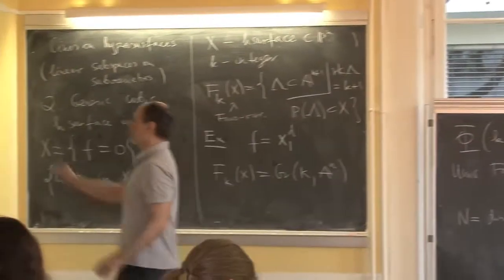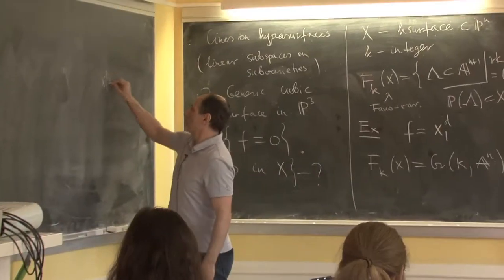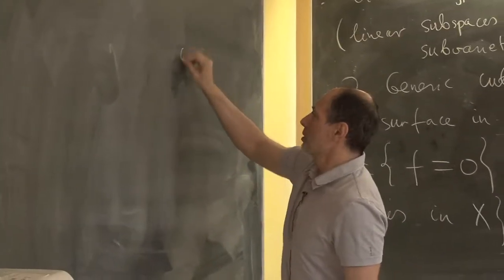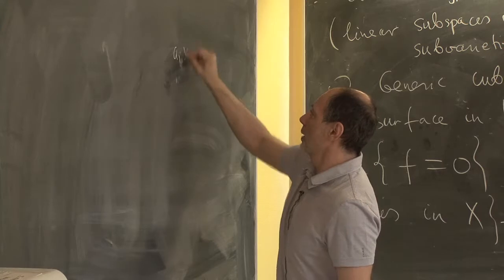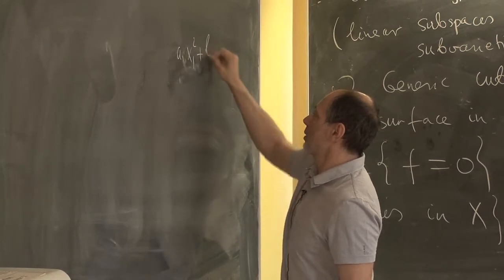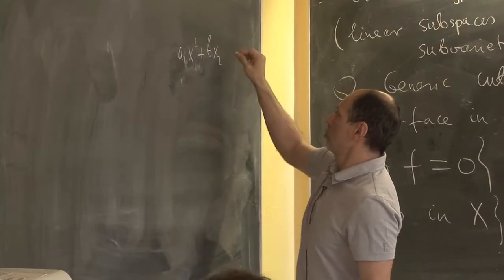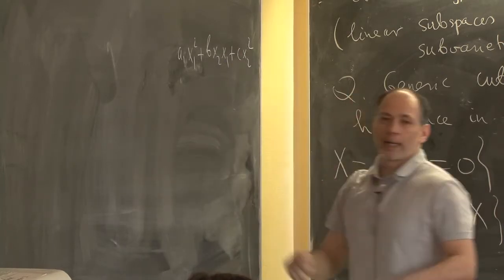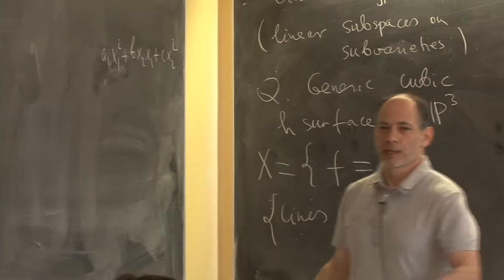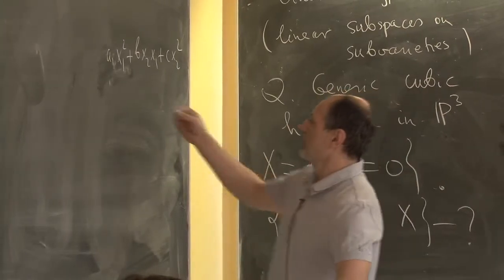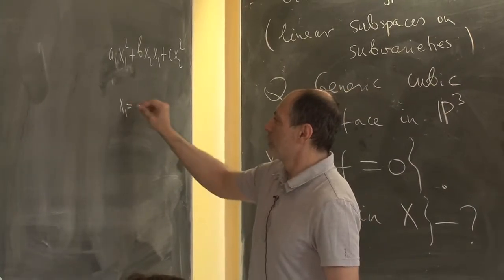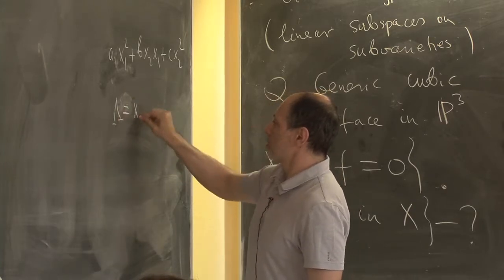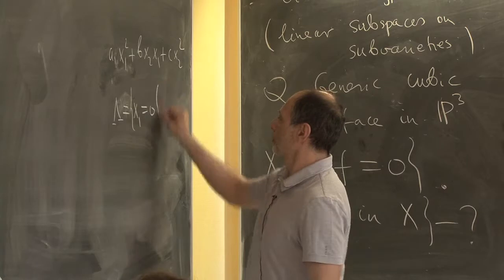You just take any polynomial, say a x1 squared plus b x1 x2 plus c x2 squared. And I take a simple condition, say a simple line, say that x1 is 0, so the line lambda is x1 equals 0.